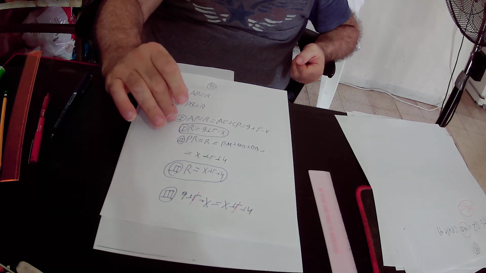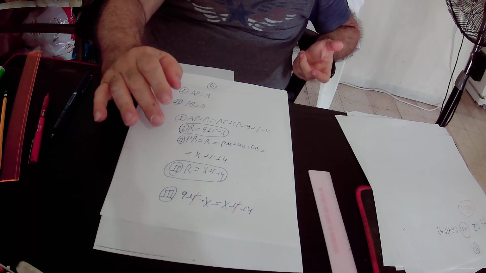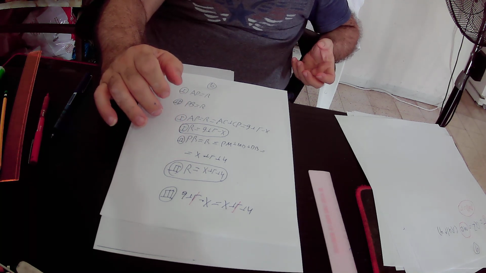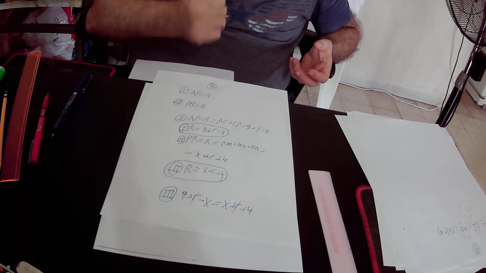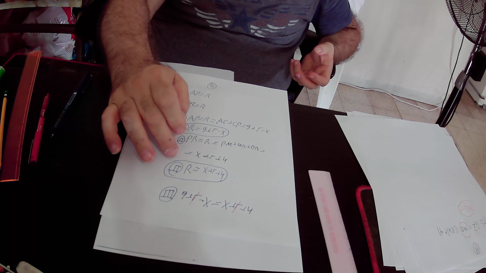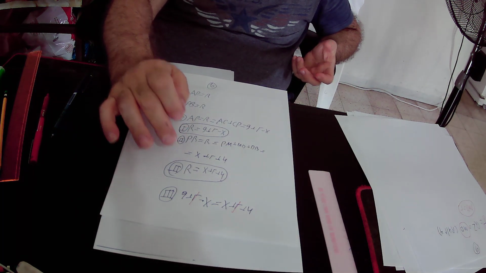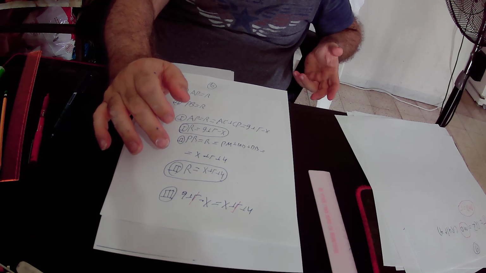We can compare equation number 1 to equation number 2 and create equation number 3, which states that the radius of the big circle according to equation number 1 must be equal to the radius of the big circle according to equation number 2, because it is the same radius.